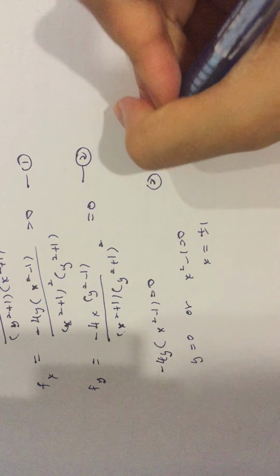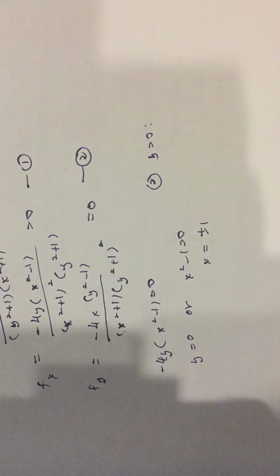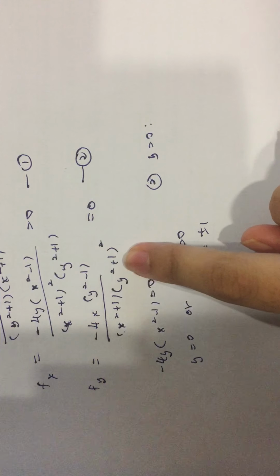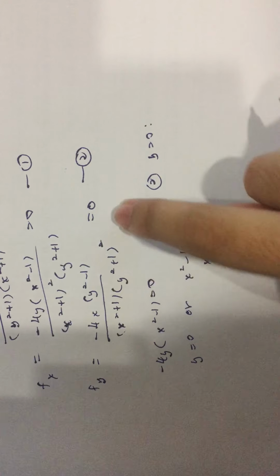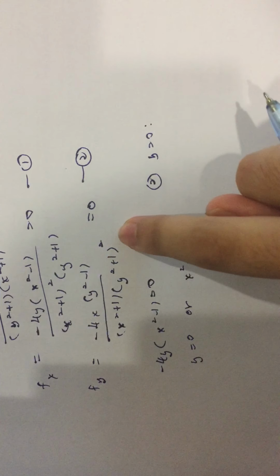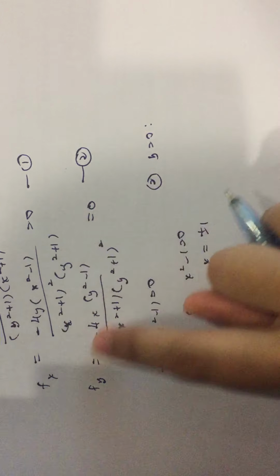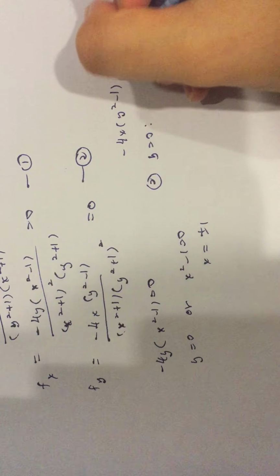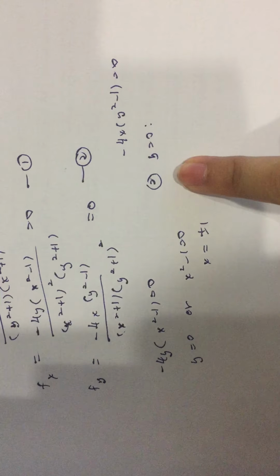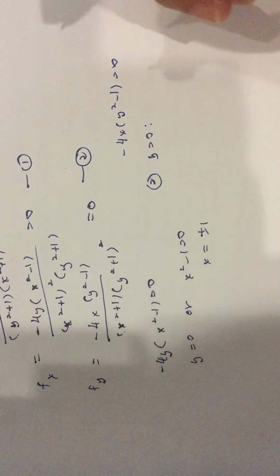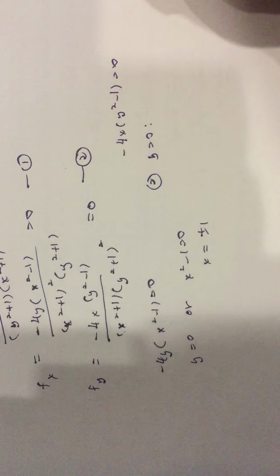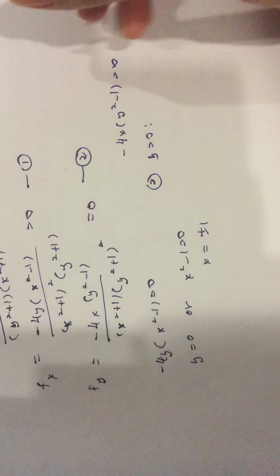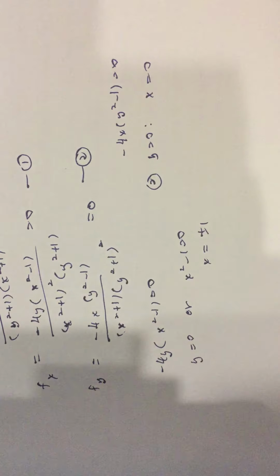So first we have y equals 0, and let's bring this to the right. So we are left with minus 4x times y squared minus 1 equals 0. And then when y equals 0, we are left with 4x equals 0, which is x equals 0.